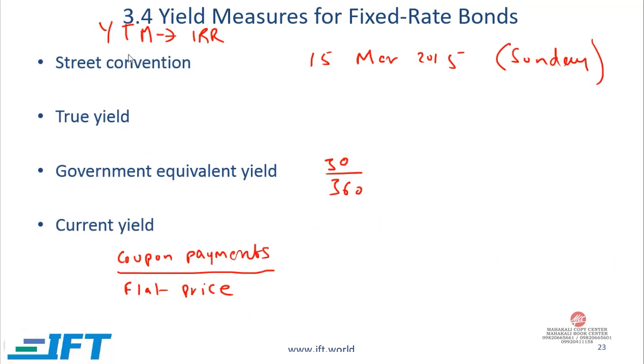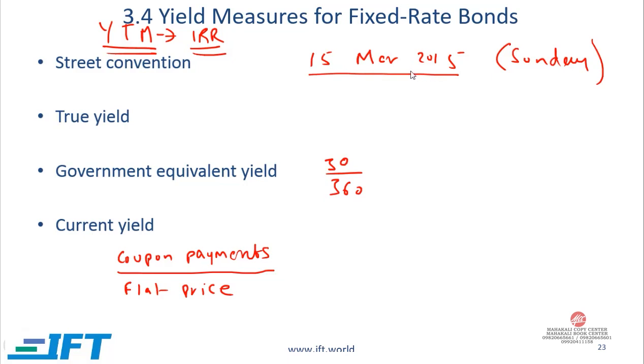Remember, YTM is essentially an IRR. The internal rate of return depends on cash flows and the exact timing of the cash flows. So let's consider a situation where a coupon payment is slated for 15th March 2015.